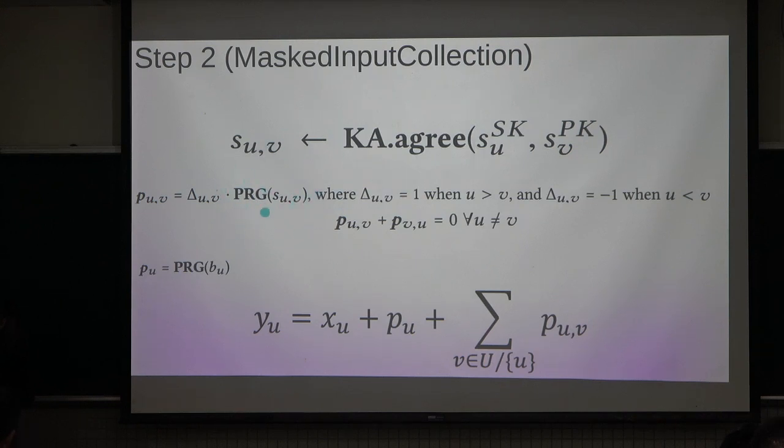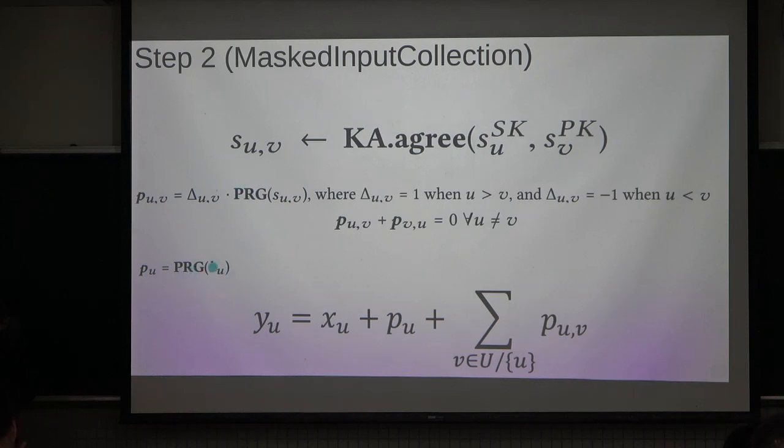And this kind of key will, because you can see this, when U is greater than B, the delta will be 1, and when B is greater than U, the delta will be -1. So they add together, they will equal to 0. So we use this formula to get the protected model.